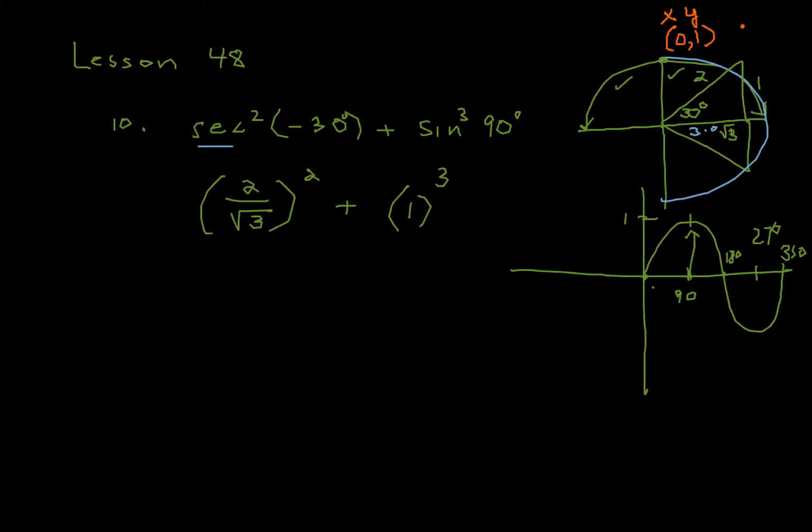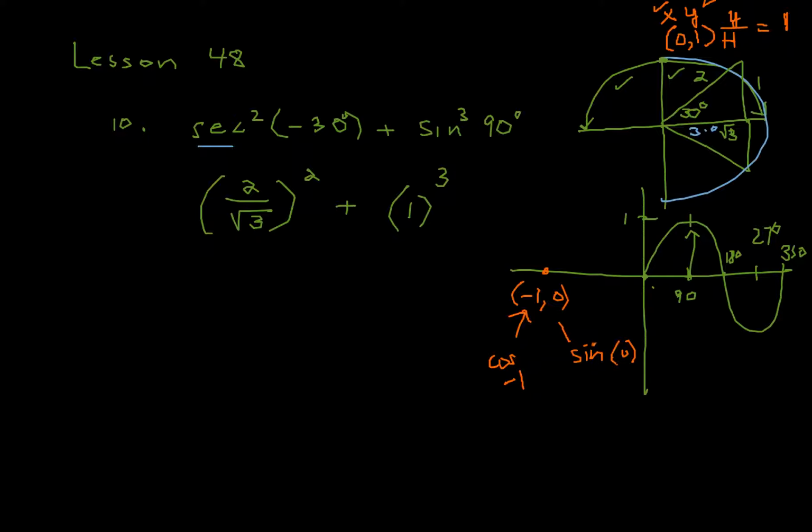Sine is always y over the hypotenuse, so it's going to be 1 over 1, which would be 1. So this is your sine right here, and this is your cosine. If you make your coordinates over here, for this one it's going to be -1, 0. This is your cosine right here. So your cosine would be -1, and your sine would be 0.